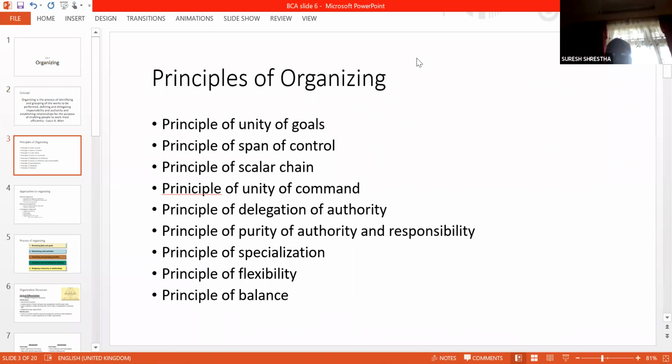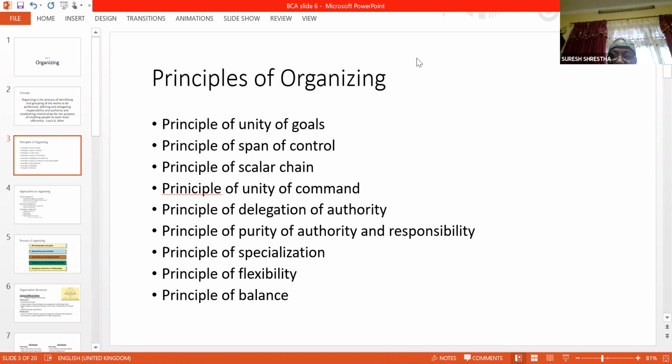So what are the principles of organizing? Organizing, you know, you group the works that have to be performed in the organization. Group the work, division of work. So divide the work, group the activities that the organization has to perform. Once the groups of work are there, then assign authority and responsibility to the people to carry out those activities. And also you assign relationships: who will report to whom, who will command whom.